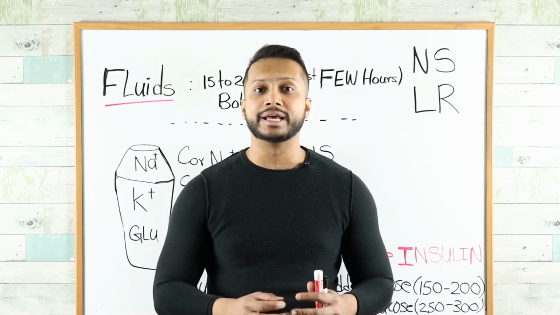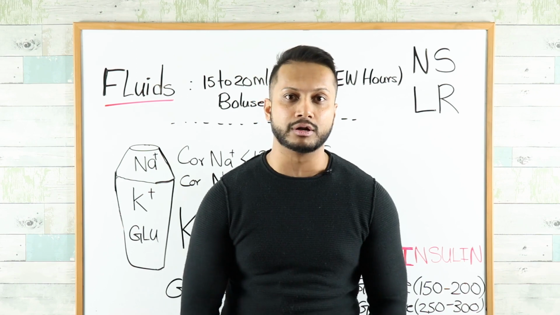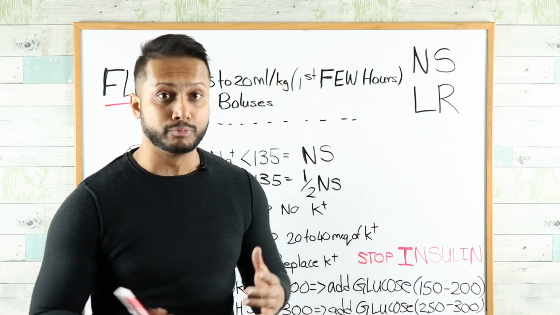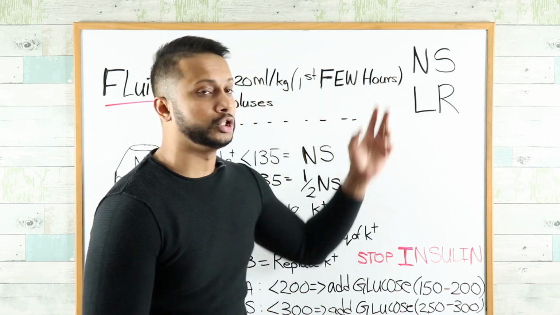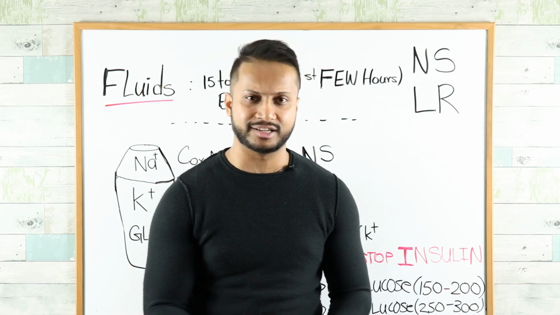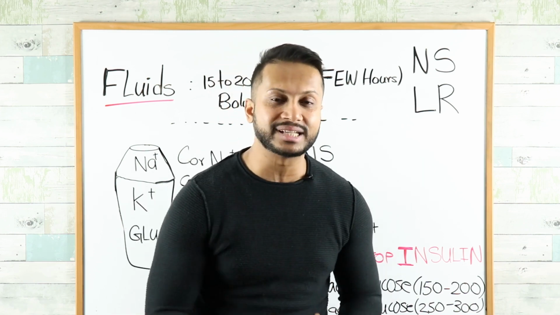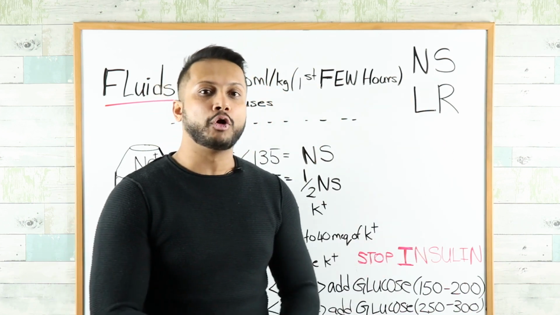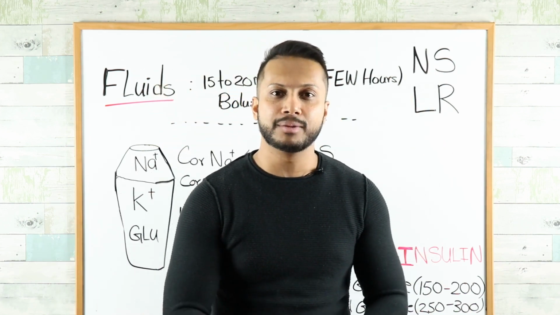Which IV fluid is going to be the most isotonic and going to remain within the vessels? Ringer's lactate is the most isotonic. However, you can also use normal saline. So first off, I want to improve the volume status of this patient. For that purpose, I have to use normal saline or Ringer's lactate and volume expand them within the blood vessels.